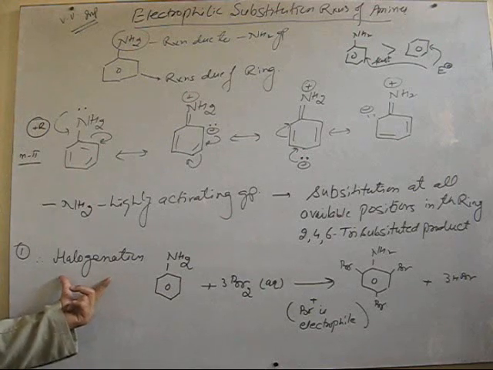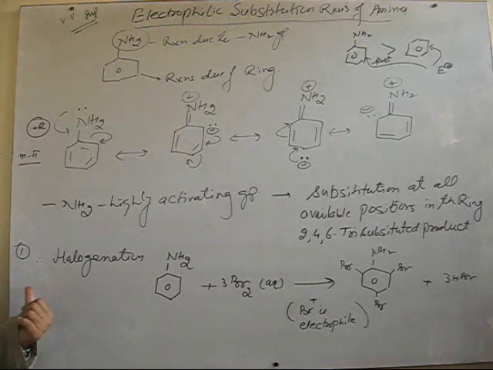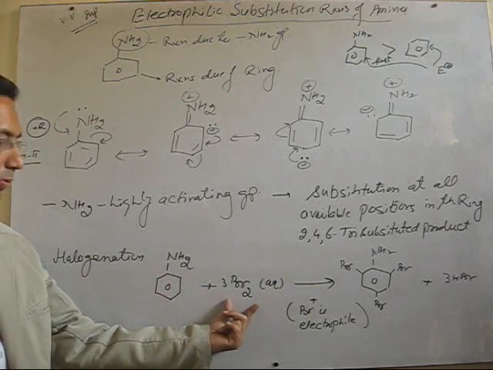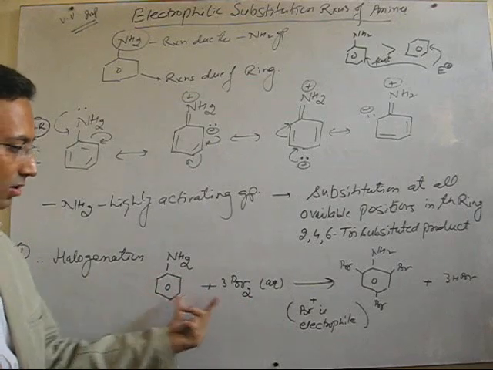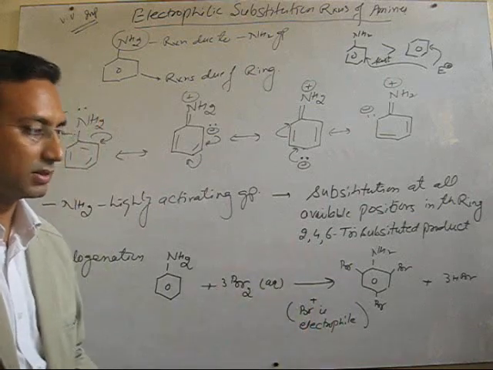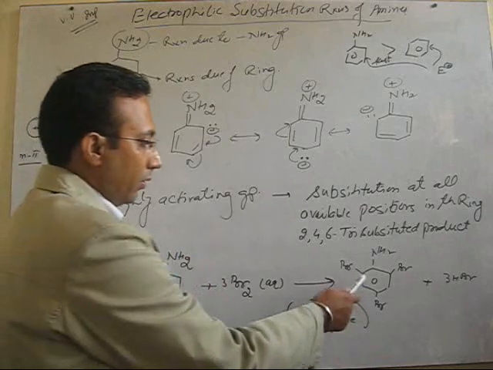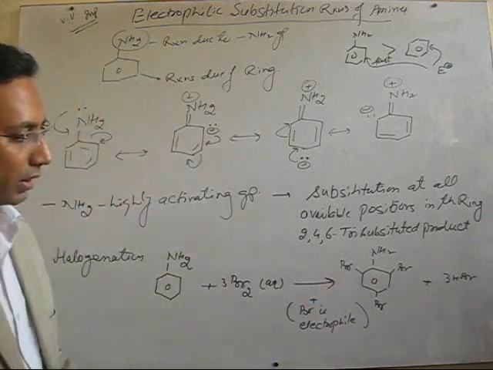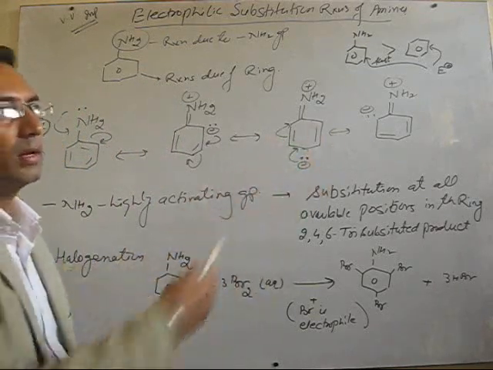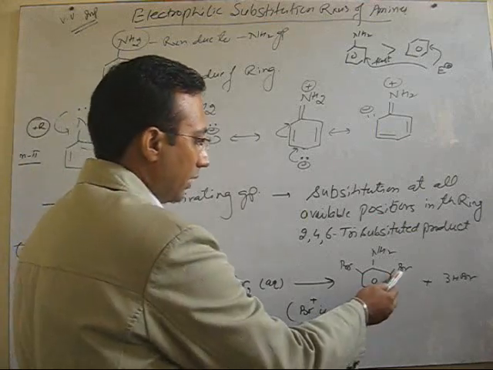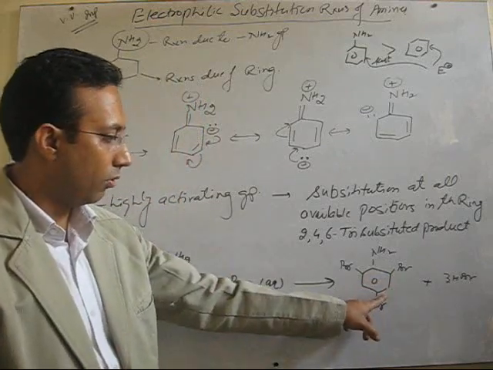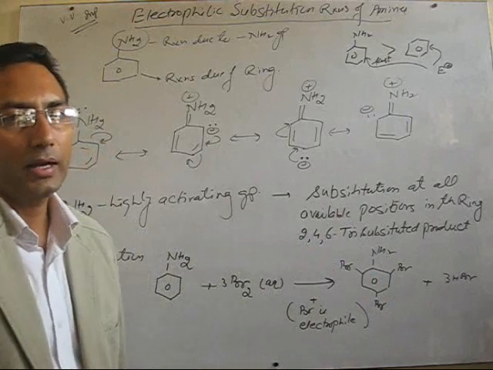For example, I have taken here the first example of electrophilic substitution reaction, that is halogenation. I have taken bromination. This is bromination of aniline. When aniline reacts with bromine water, Br positive is the electrophile which attacks the benzene ring, and we just wanted mono-substituted derivatives, that is only one Br at ortho plus one para product, but unusually we get bromine attached at all the available positions of the ring, and we get 2, 4, 6 tri-bromoaniline as a product.